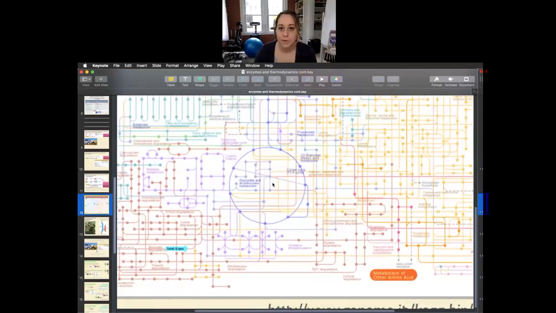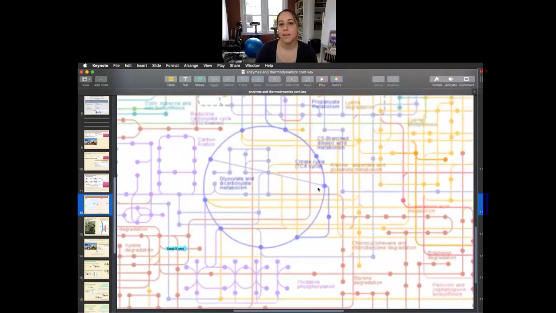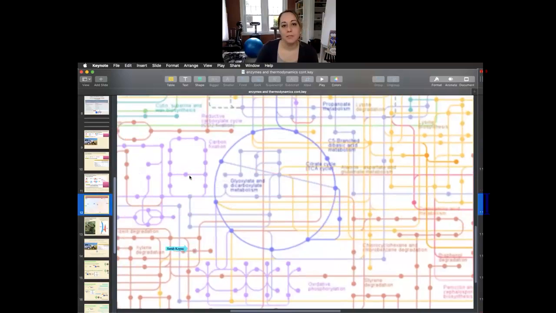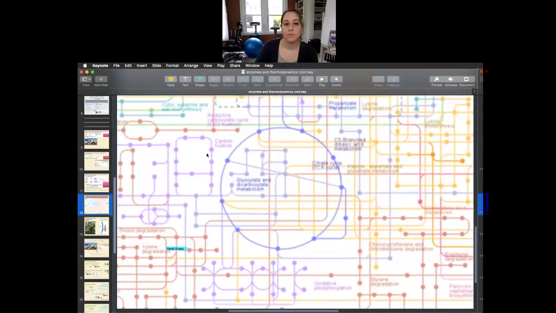We see some things that we might recognize here. So you may have heard of the citric acid cycle, the TCA cycle. We're going to talk about that in detail in probably next week's classes. That is something that occurs in the cell. And also carbon fixation you've probably heard of, so another common set of reactions.